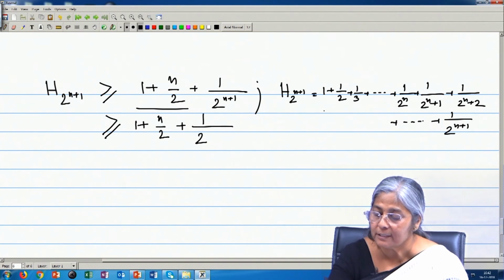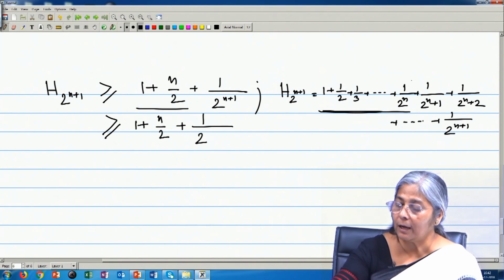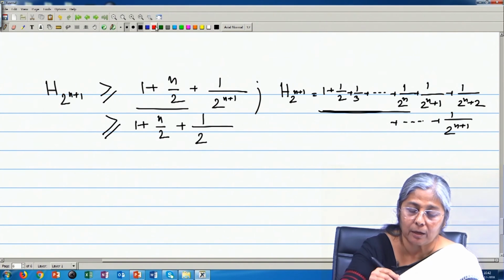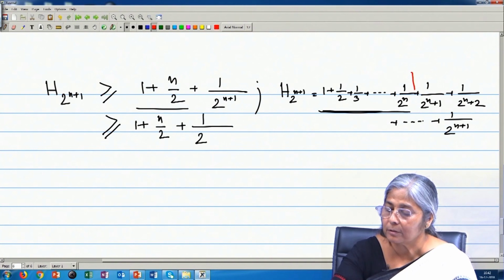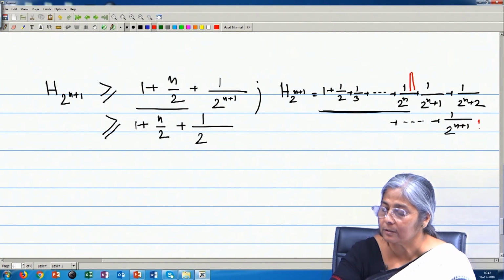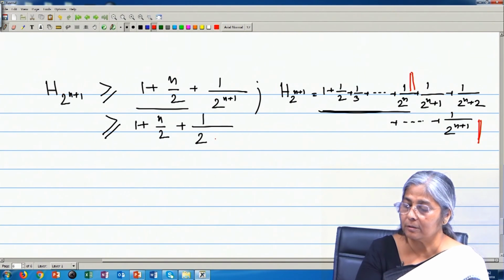So, my H 2 to the power n is only up to this term, and these are the terms that I have to add.